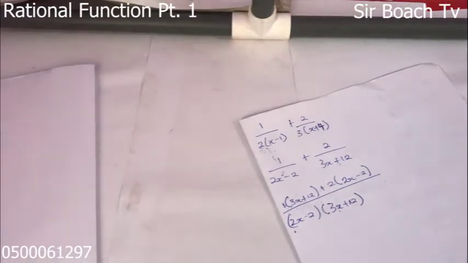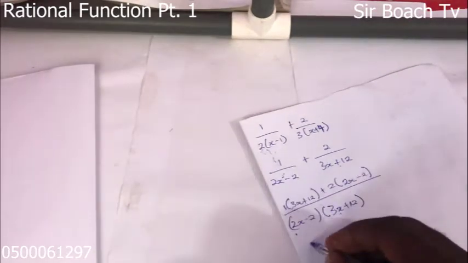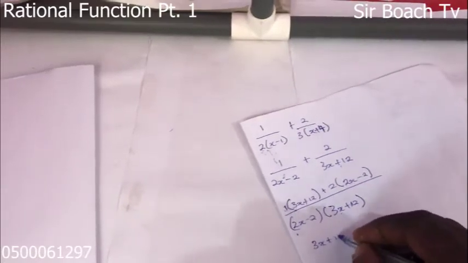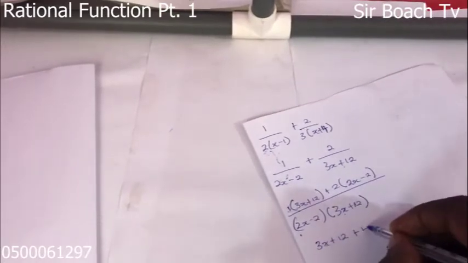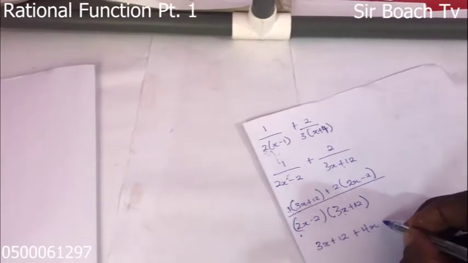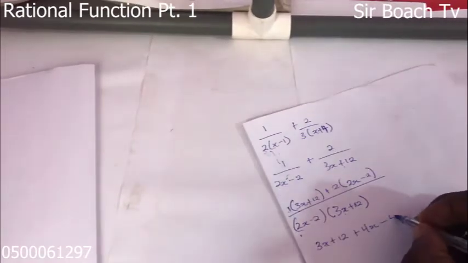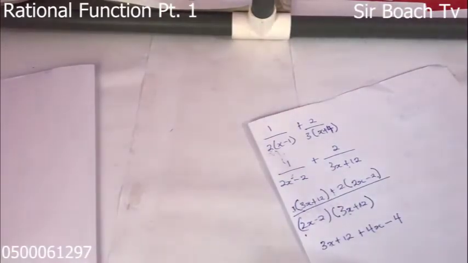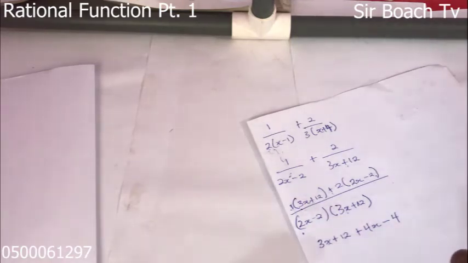Now we are simplifying the top, the numerator. So we are going to get 3x. This times this will give me 3. This times this will give me 12, plus 12, plus 4x. Please go with me. Minus 4, because plus times minus will give you minus, right? Good. So plus and minus will give you minus. So that's why we had minus over there.